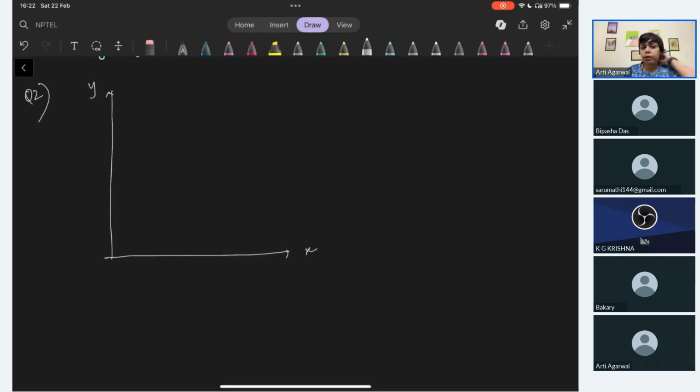If she has consumed x1, y1 in one consumption set, say consumption set A, and another consumption set is x1 minus epsilon, y1 plus epsilon, then both give her the same utility because she values both equally. If she's losing x1 by a small quantity epsilon but gaining the other good by the same quantity, she will be equally happy. That's what we're trying to say here.